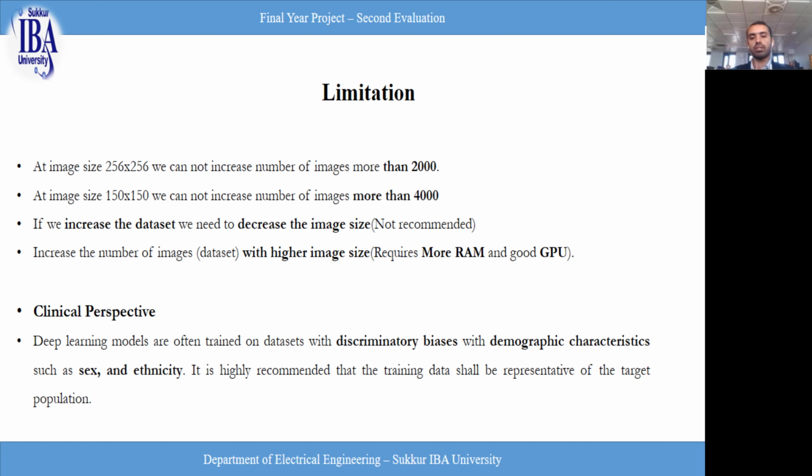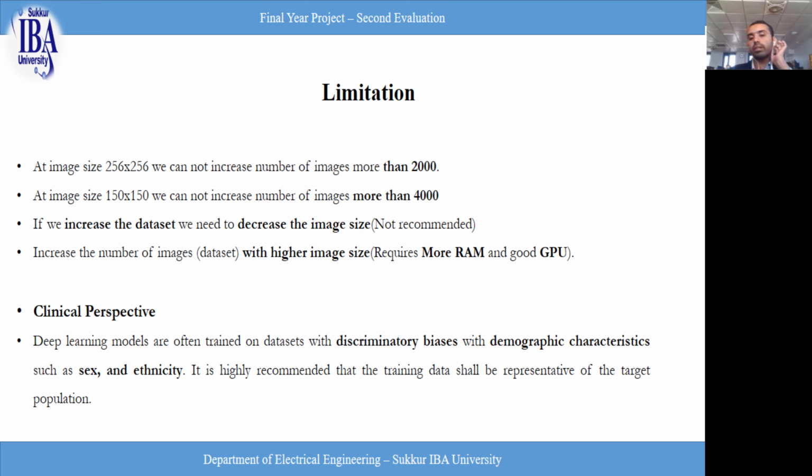The third limitation is that if we increase the data set, we need to decrease the image size, which is of course not recommended. The fourth limitation is that increasing the number of images with higher image size requires more RAM and a good GPU.